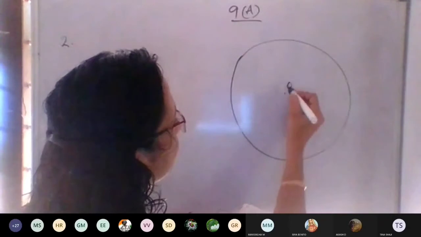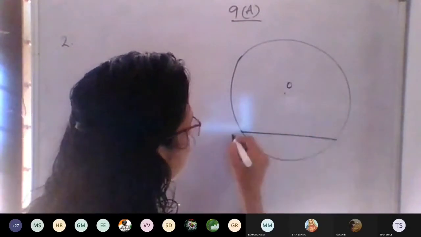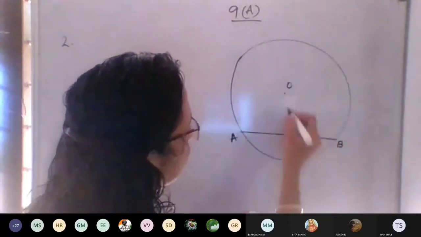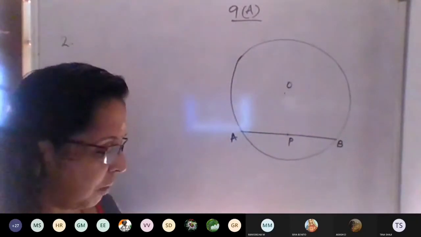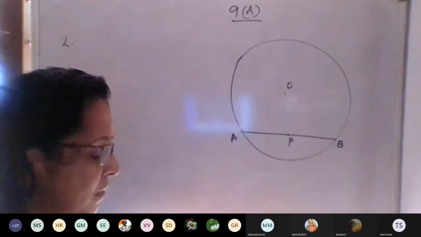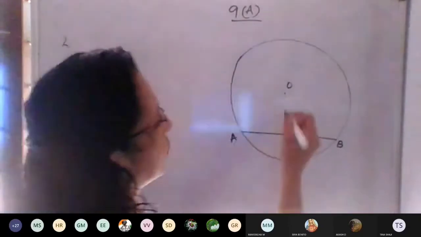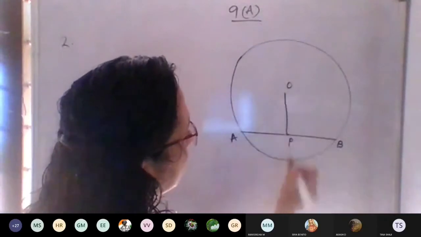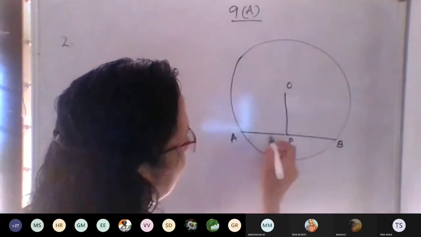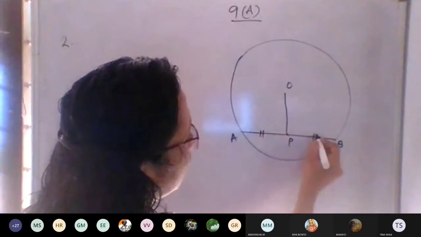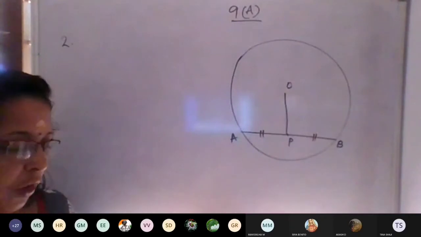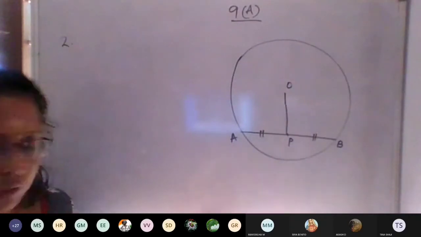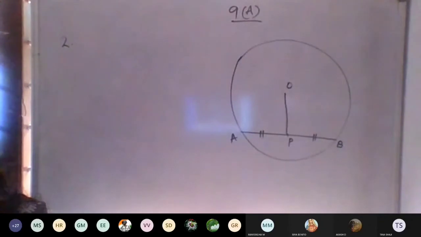So AB is the chord and P is the midpoint, which means it should be in the center. Show that OP is perpendicular to AB. That is, we have to prove OP is perpendicular to AB. Midpoint means AP will be equal to PB, which is given in the question. We have to find out that OP is perpendicular to AB. So how can we find that? Any idea?